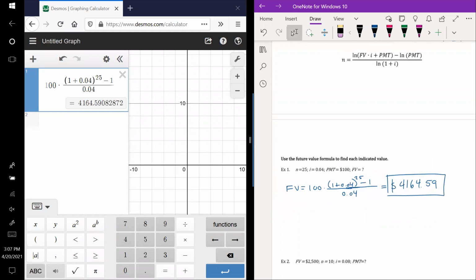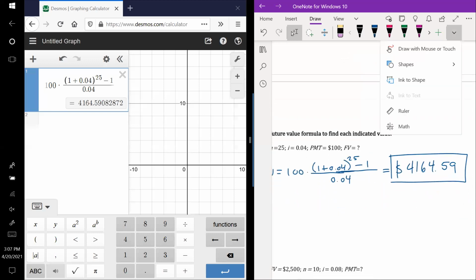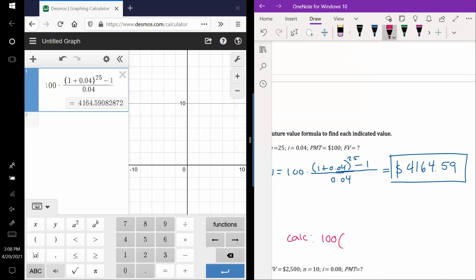And if you're using any other calculator that doesn't allow you to type the input like that, if you're not using Desmos or you don't have a fancy calculator, you're going to have to type it in like this: 100, and then you're going to have to start a parentheses, and then type another parentheses, 1.04 to the 25th minus 1, close that parentheses, and then divide it by 0.04.